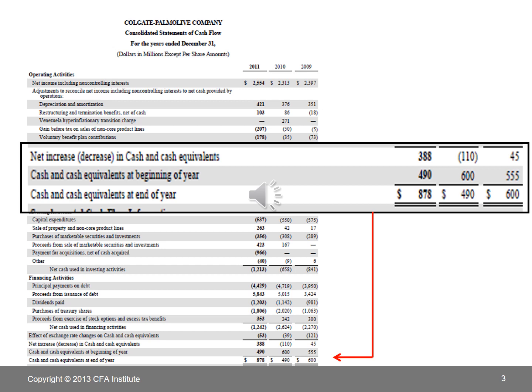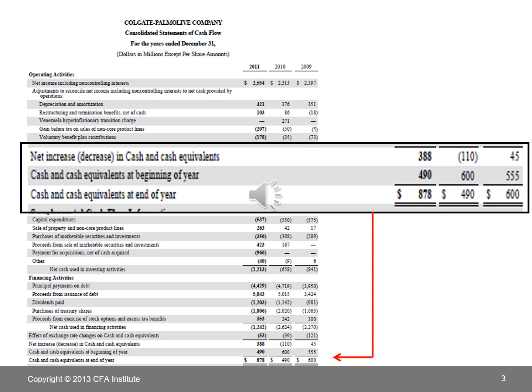So in this example we have here for Colgate-Palmolive Company, we can see that the increase in cash in millions was 388 million for 2011.